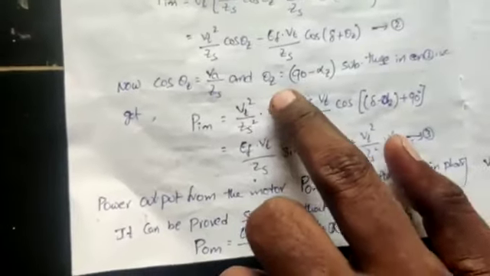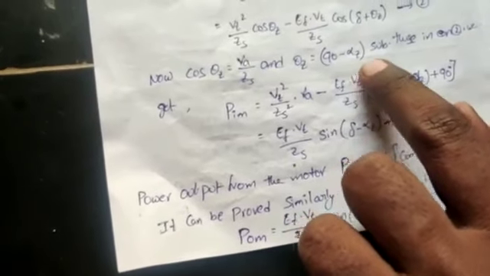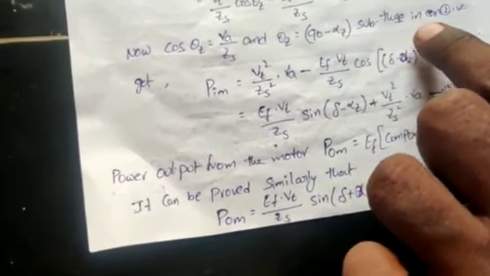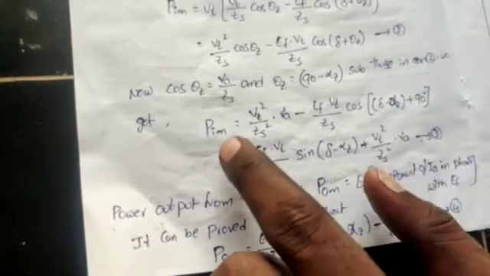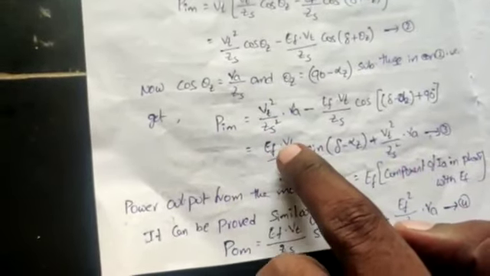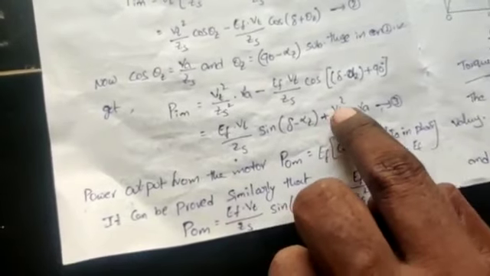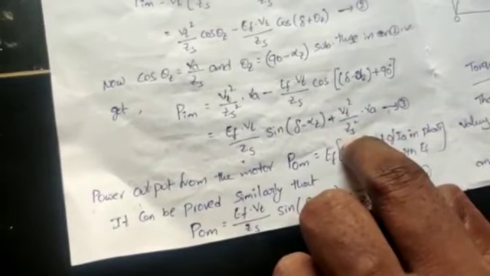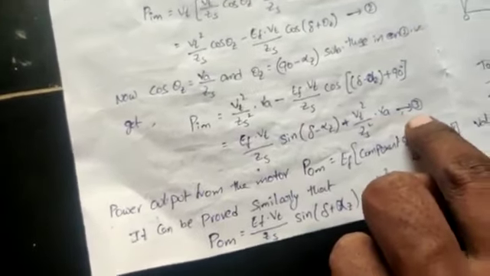Now cos theta Z is equal to Ra by Zs and theta Z is equal to 90 minus alpha Z. Substituting these values in equation 2, we get PIM is equal to Ef into Vt by Zs into sin of delta minus alpha Z plus Vt square by Zs square into Ra. This is equation 3.